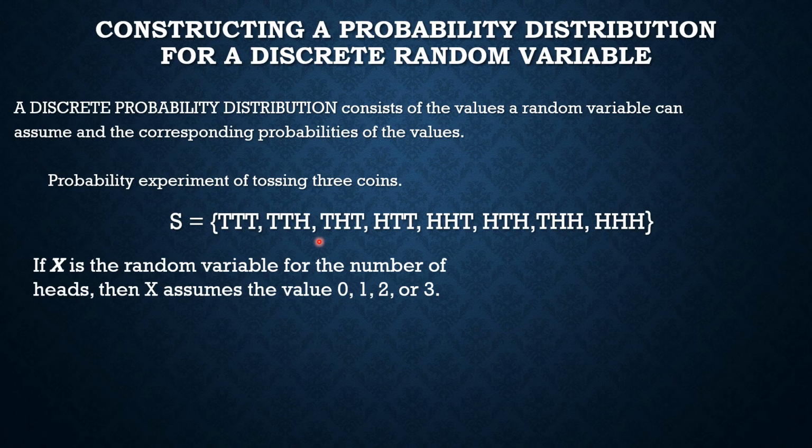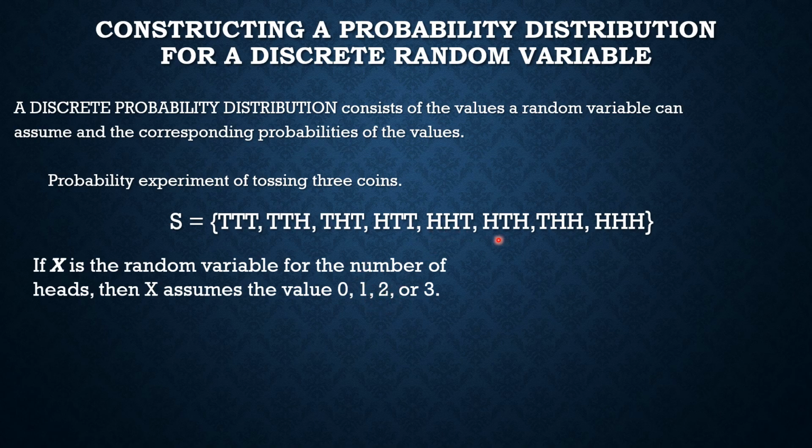There are also possible outcomes na nasa ating sample space wherein the number of heads is only 1. Like in this case, isa lang yung head, isa lang yung head, isa lang yung head. At meron din naman tayong chances, based dito sa ating sample space, na meron namang dalawang heads.